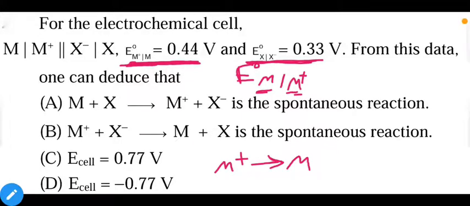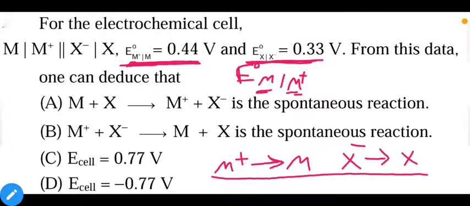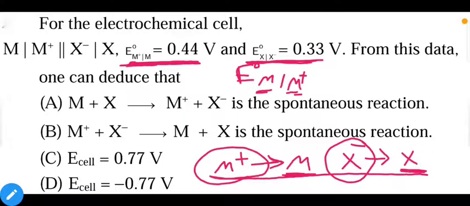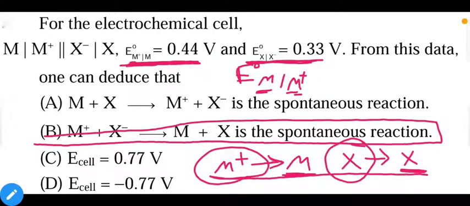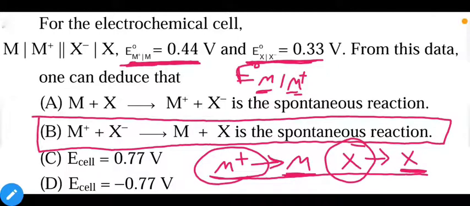That means for X the oxidation state should be increasing, X minus to X, that means oxidation. So this should be our common conclusion: M plus and X minus should give M and X. These options suggest our reaction should be option B: MX will be the product, and M plus and X minus will be the reactants.